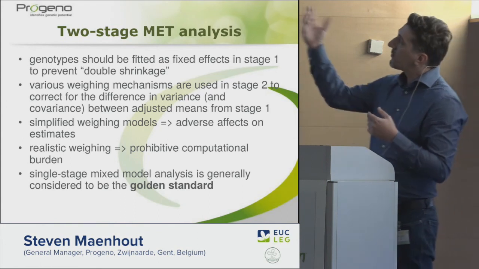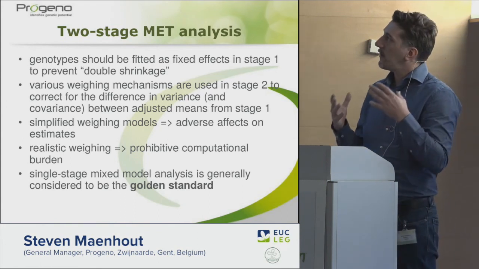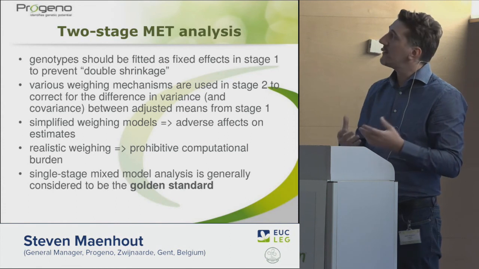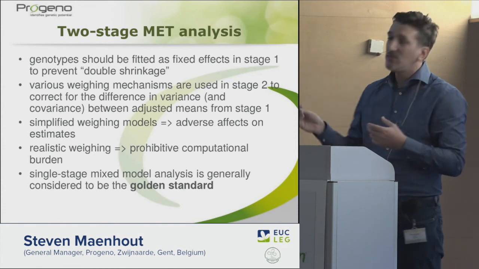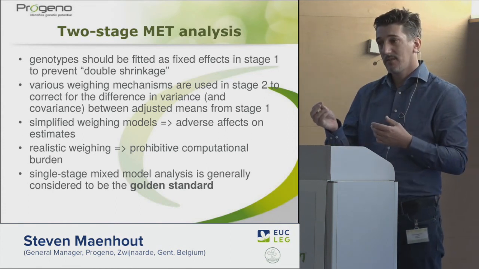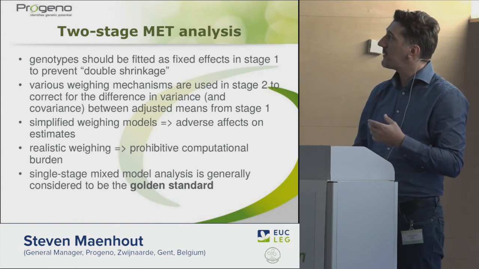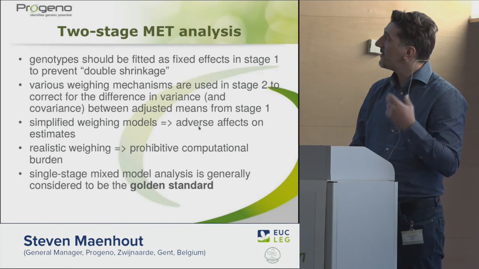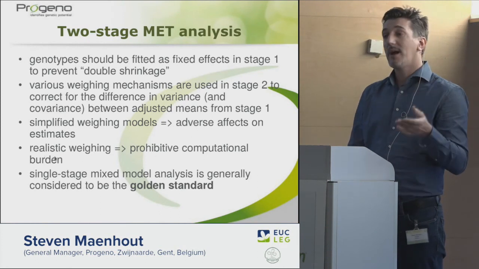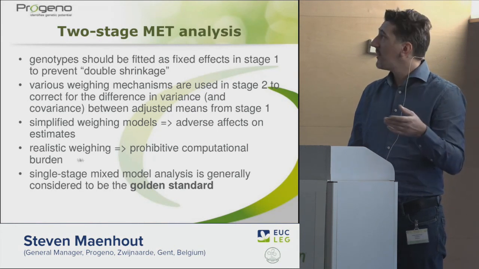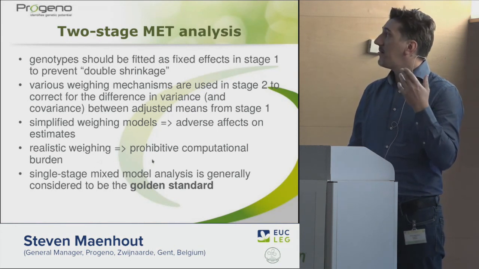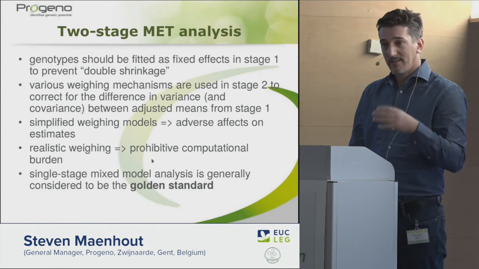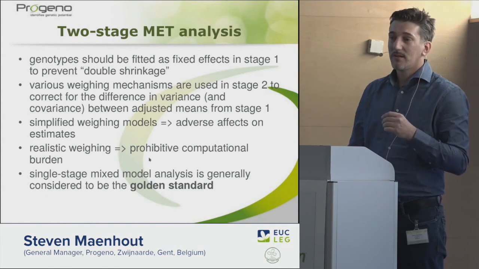There are various ways of using the standard error, the reliability of the estimates, and trying to add them into the second analysis round. Now that turns out to be quite difficult. If you use simple weighing models, you get an adverse effect on the estimates. If you use realistic weighing, so real standard errors, things become computationally prohibitive. So it's like you never win.